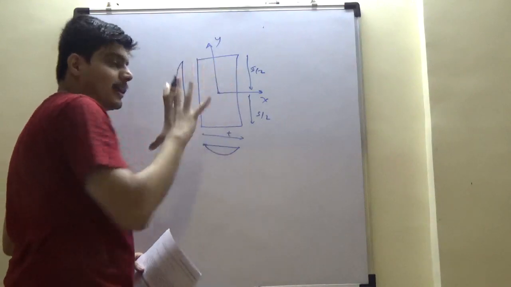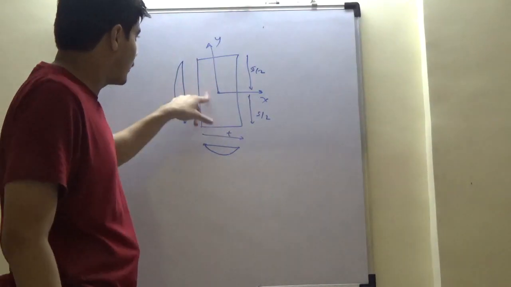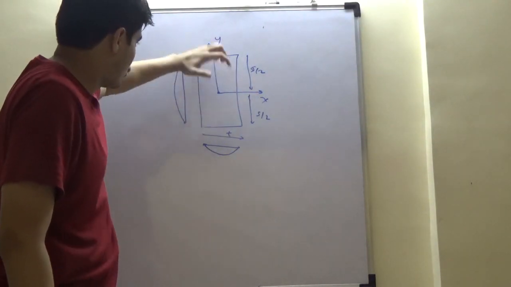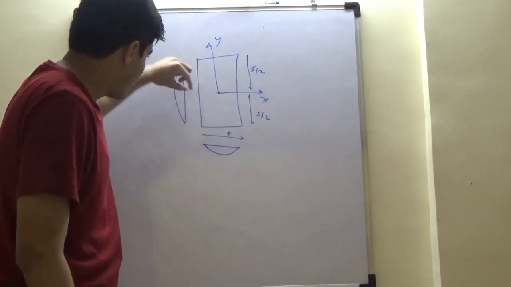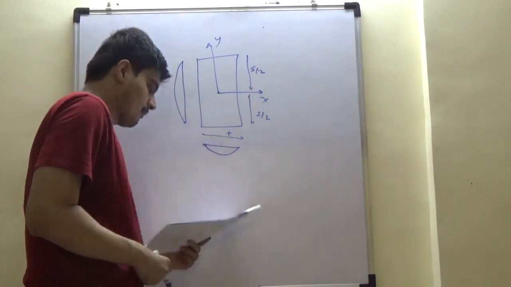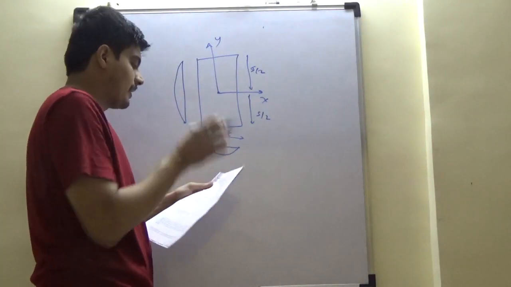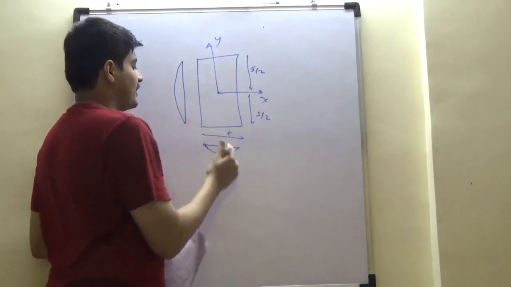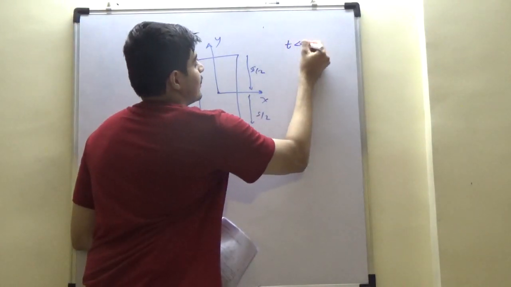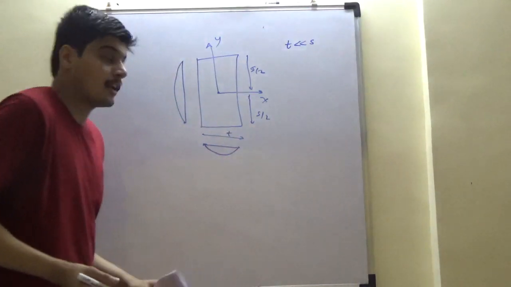Now look at this as a membrane. The membrane analogy gives you an extremely good handle on the physics. So it is like this membrane which is going to expand and collapse, and expansion is maximum here, like a warping function. In narrow plates, the biggest advantage is that they are assumed to be thin, so T is less than S. Why?